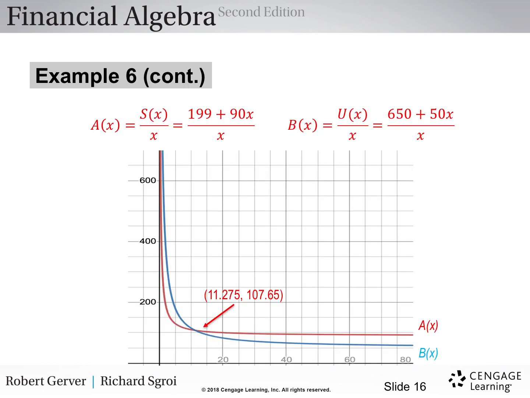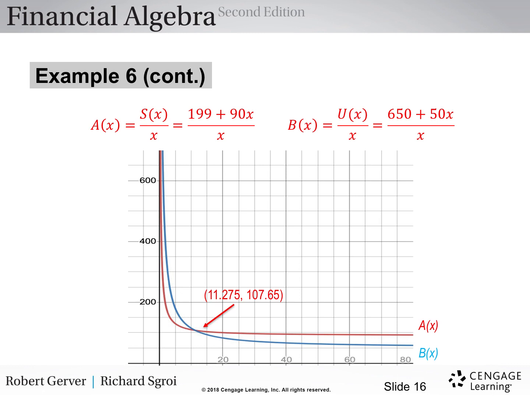So let's look at the 2 costs here. For the subsidized version, if he keeps the phone for x number of months, the cost is going to be $199 plus 90x over x. The unsubsidized version is going to be $650 plus 50x over x.